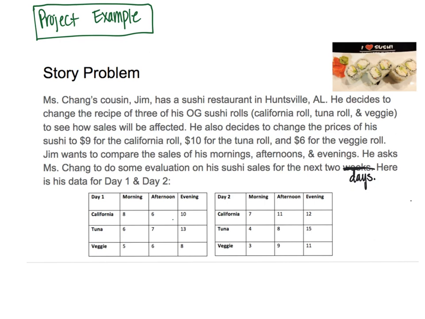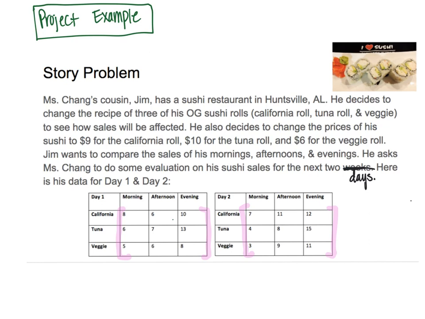I'm going to highlight what I need to grab from the matrices. And if you remember in class, I only grabbed the numbers. You can see here that our columns represent morning, afternoon, or evening, so basically the times. Whereas the rows represent what type of sushi was sold and the quantity that was sold.